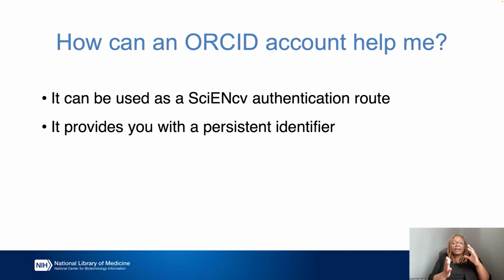If you send in a manuscript and you include your ORCID ID, oftentimes once that article becomes published, it will automatically populate into your ORCID account. So really great advantages for having this persistent identifier. And you'll also notice that persistent identifiers are now optional on several of these forms. So I'm going to show you how you can use that, and it will automatically fill in with SciENcv.